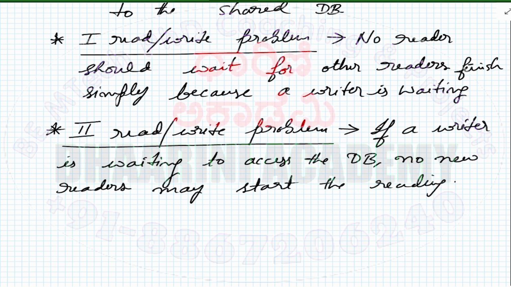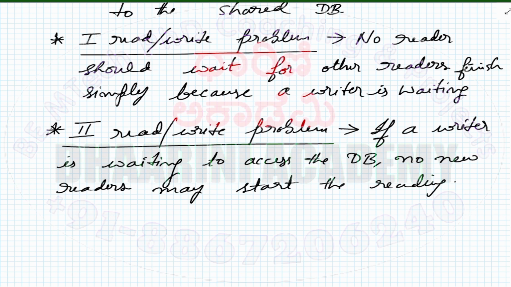Now you see that if you try to give a solution to either of these problems, there may be a condition which ultimately results in starvation. We know starvation: one of the objects is not getting a chance at all. Look at the first case. The first readers writers problem is going to result in writers starving, because readers keep coming and the writer is not going to get a chance.